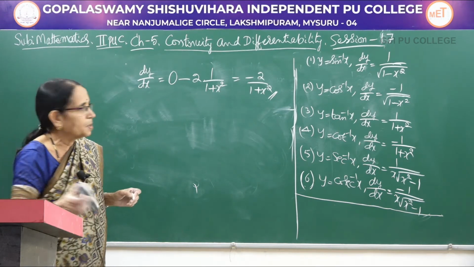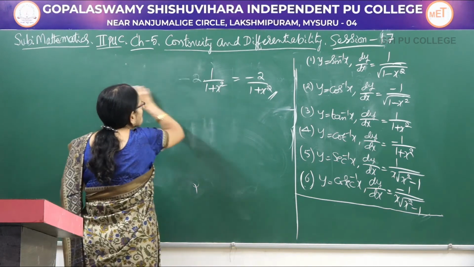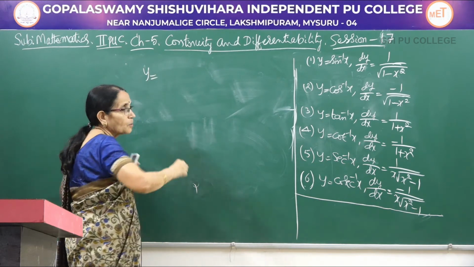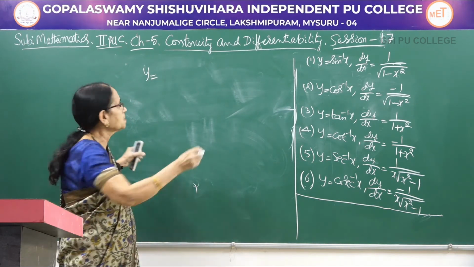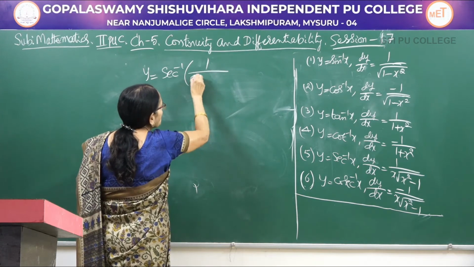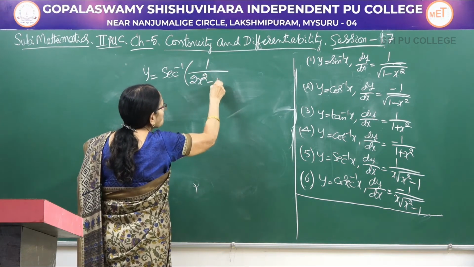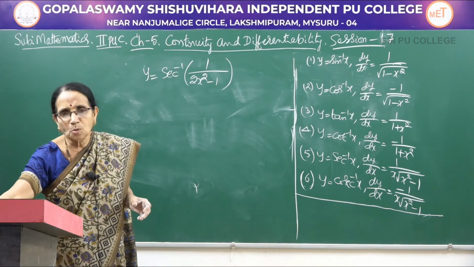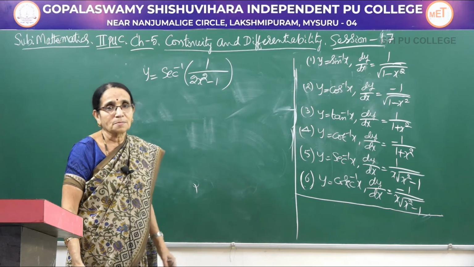Now, one more problem I want to consider. y is equal to secant inverse of 1 divided by 2x square minus 1. See, this substitution you cannot learn by heart.